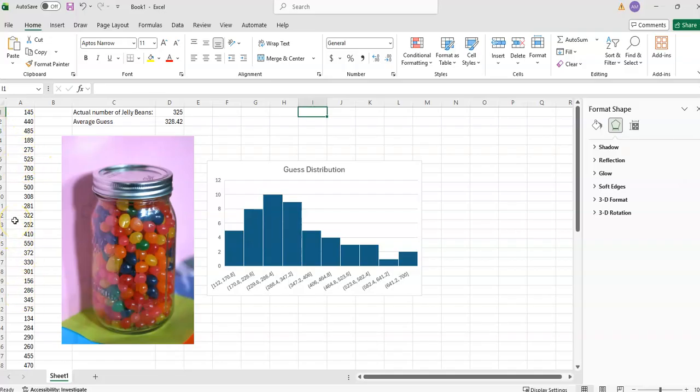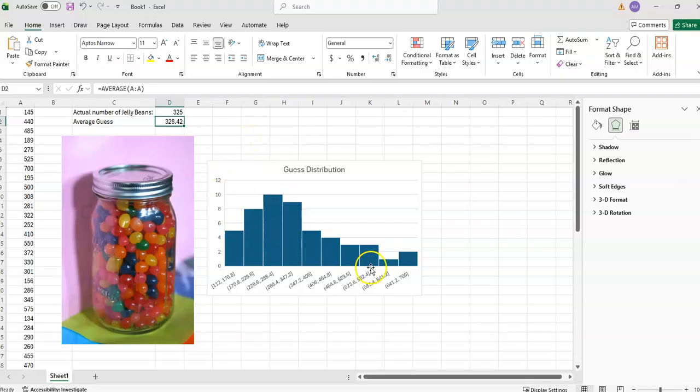But what tends to happen in these scenarios is that nobody will guess the exact number of jelly beans, which in this case is 325 in this jar. But when you average all of the answers together, you get pretty close to the real answer. That's a phenomenon known as the wisdom of the crowd.